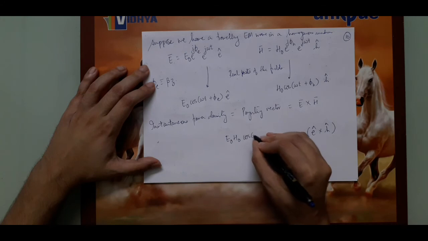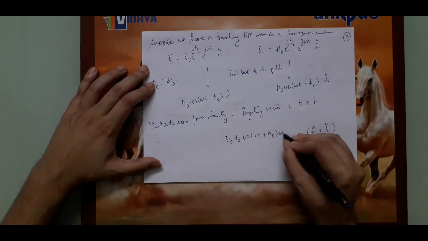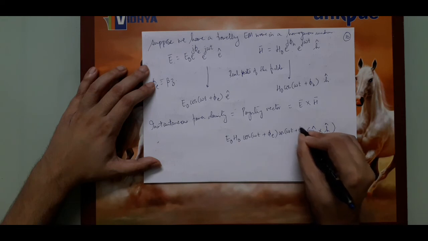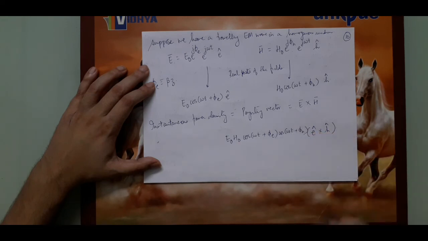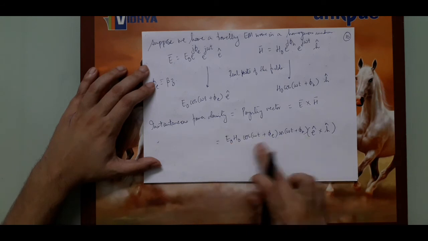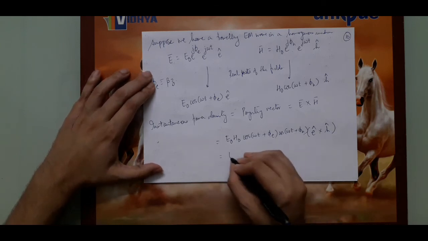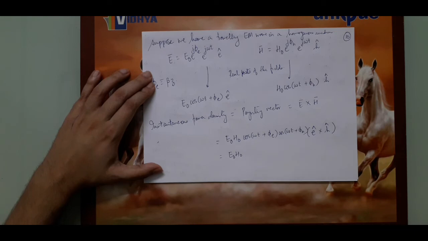So this is cos of omega t plus phi e times cos omega t plus phi h times this thing. So now we have a product of a cos and a cos.